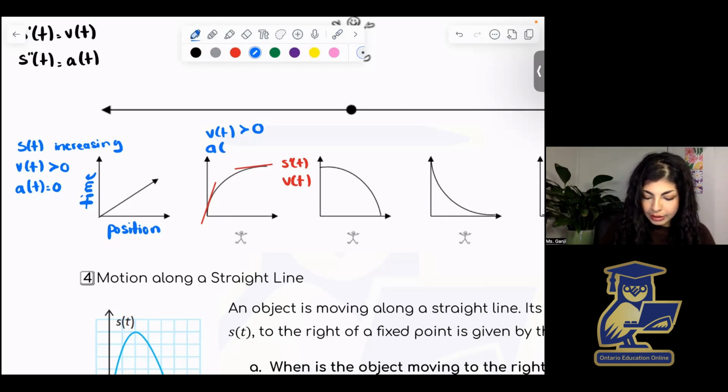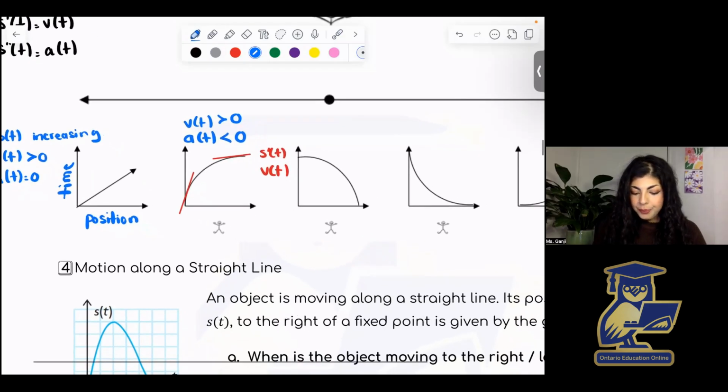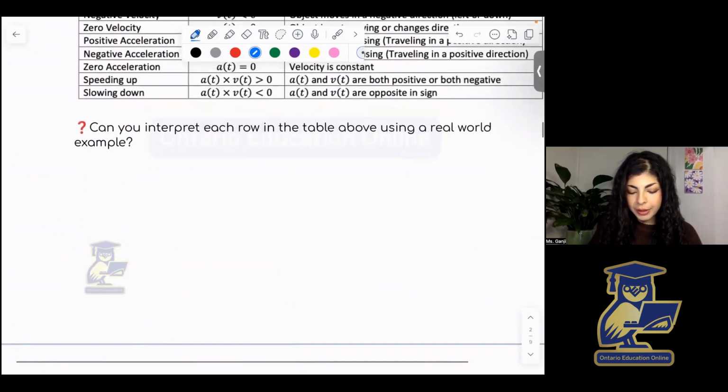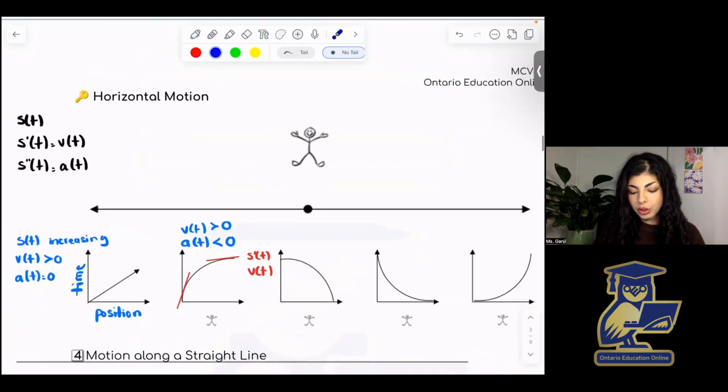So our acceleration is negative. Now if we go back to this table here, we can clearly see that we have this example here where our velocity is positive, but our acceleration is negative, so we are slowing down.